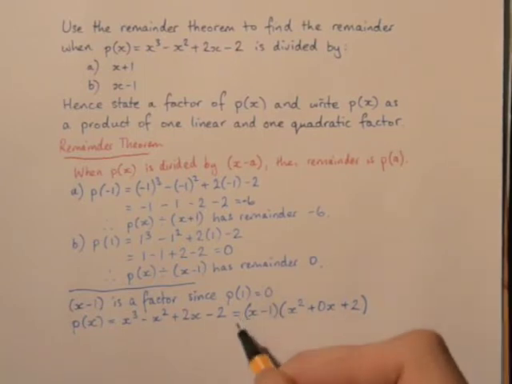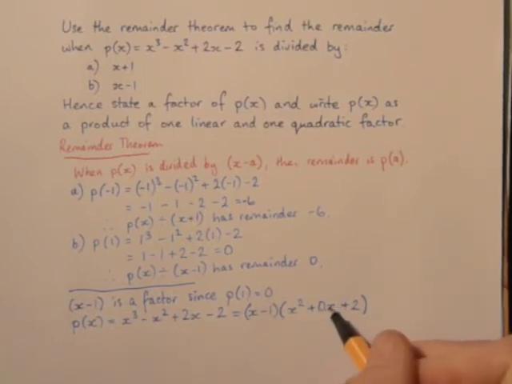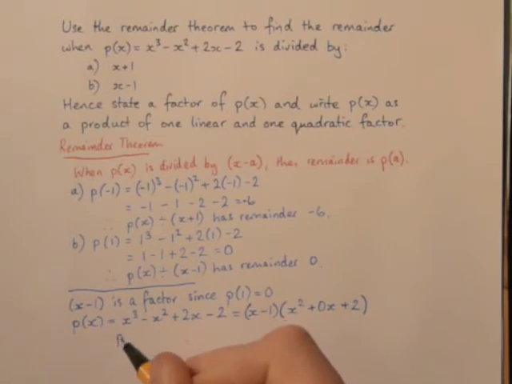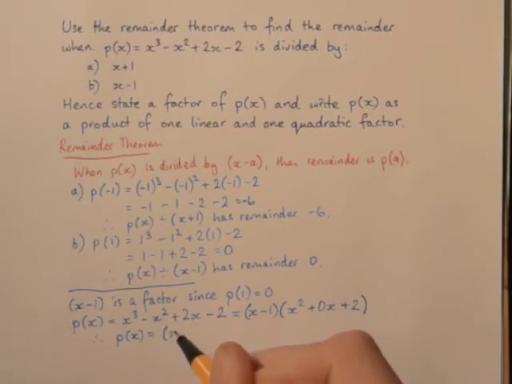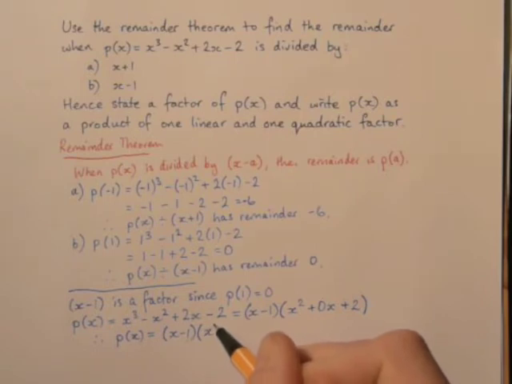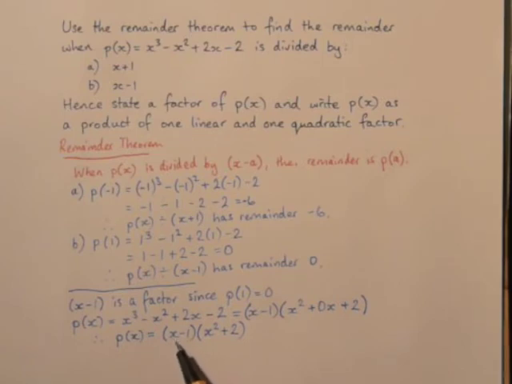Right, and we should just write it without the 0x, so we can say that therefore p of x is equal to x minus 1 times x squared plus 2. It's now written as a product of a linear factor and a quadratic factor.